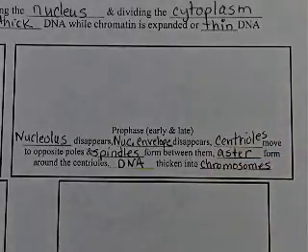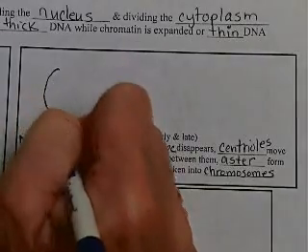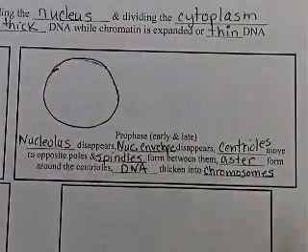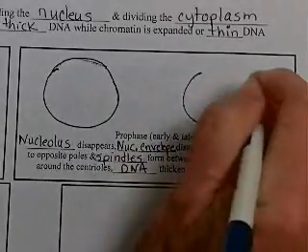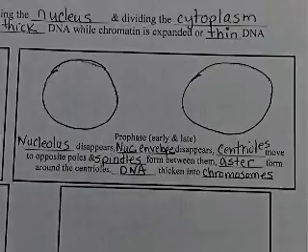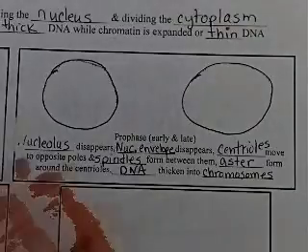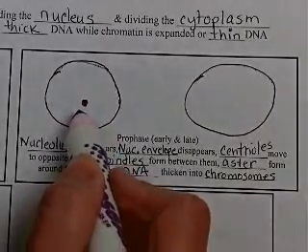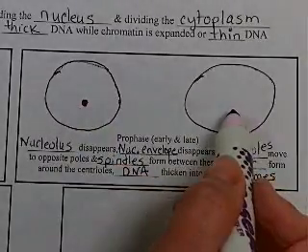So now let's draw that. The reason we have such a big box is because we're going to draw an early prophase and a late prophase. In some books you'll see that late prophase named prometaphase, but other people just say early and late prophase. So that's easier, so that's what we're going to stick with. So what did it say? It said our nucleolus starts to disappear, so I'm going to draw just a little bit of it there, and I'm not going to draw any there.